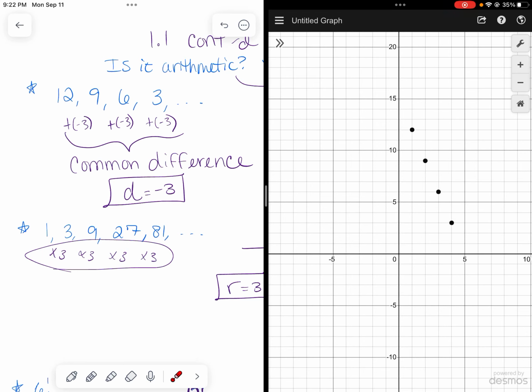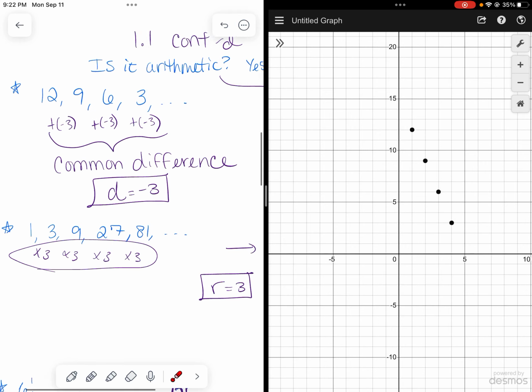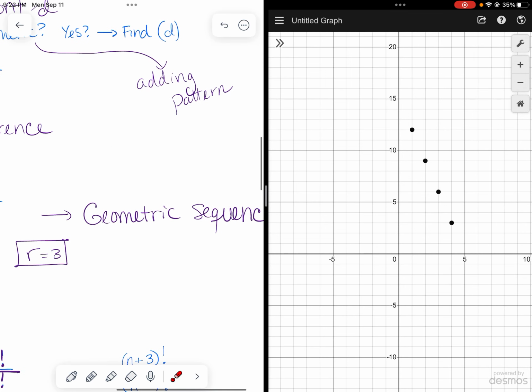If it's 4 points and they all look like they have the same increase or decrease, then we can say that this type of sequence, an arithmetic sequence, is really creating a linear function, all right? It's called a discrete function because it's made up of separate points and they're not connected.